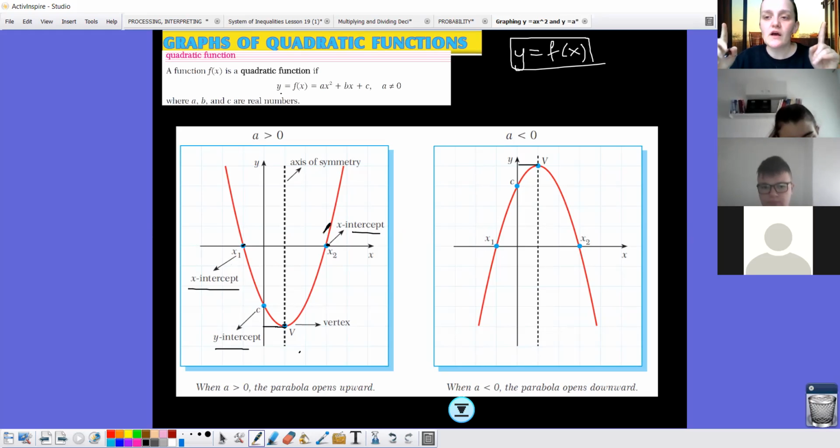And at those points, our parabola, our graph, will pass through the x-axis at the x-intercepts. The y-intercept is the point on the y-axis, and our parabola passes through that point on the y-axis, okay? And the vertex is the highest point if our parabola is downwards. It is the lowest point if our parabola is upwards. Okay?